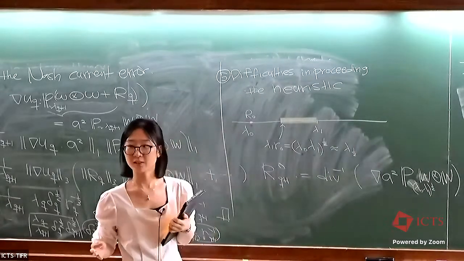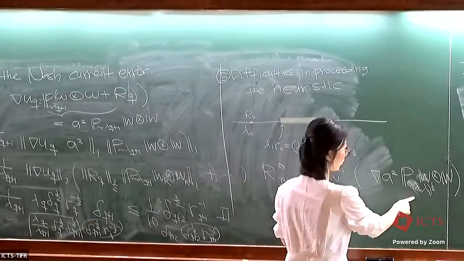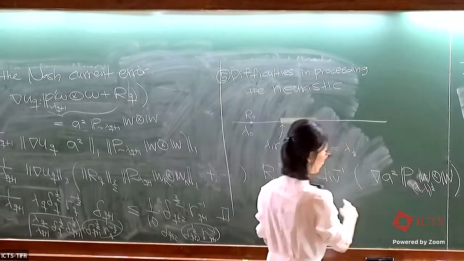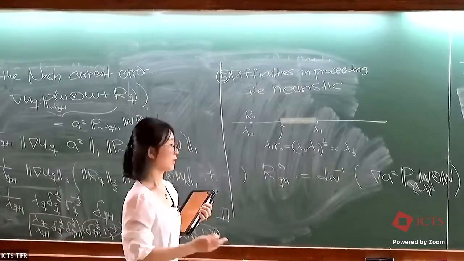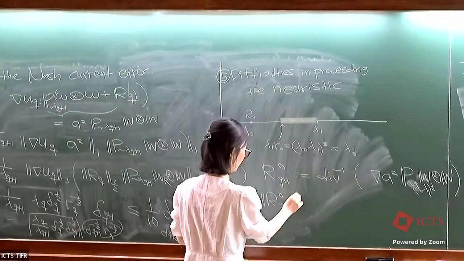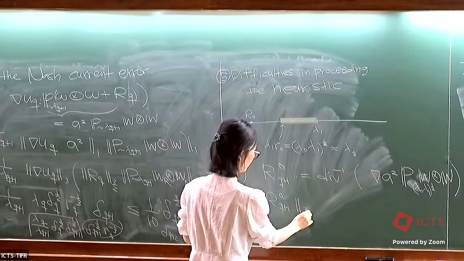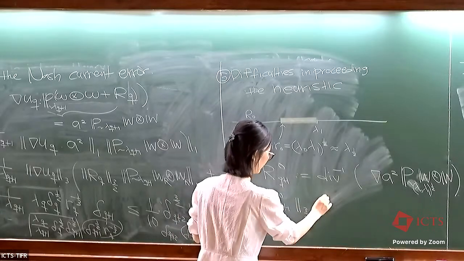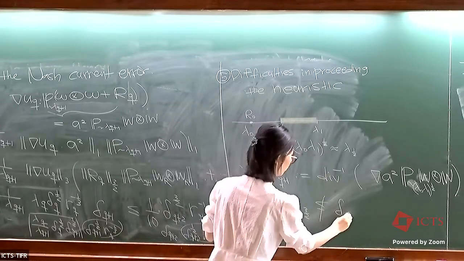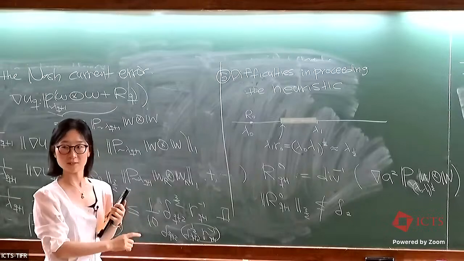It's much worse than before because previously we gained 1 over lambda 1, but now we have a much larger factor. So if you do the computation, R to the 3/2, you can't really get delta, here the delta 2. You can't get it.